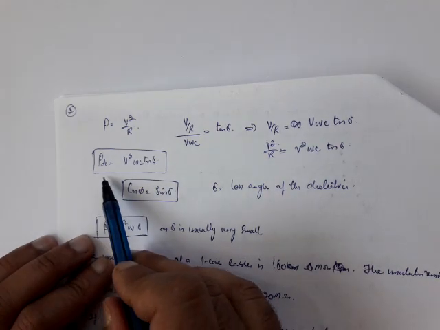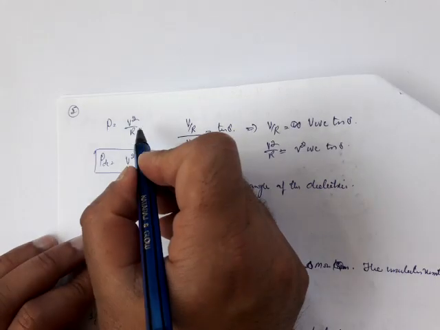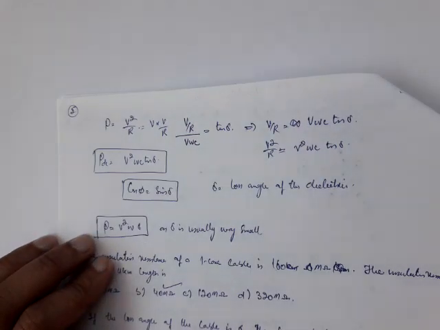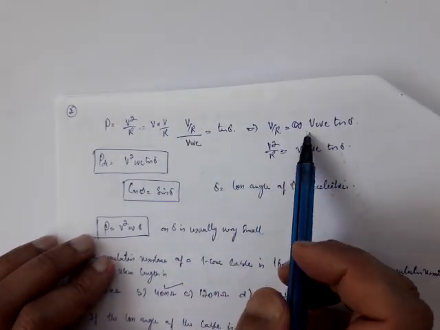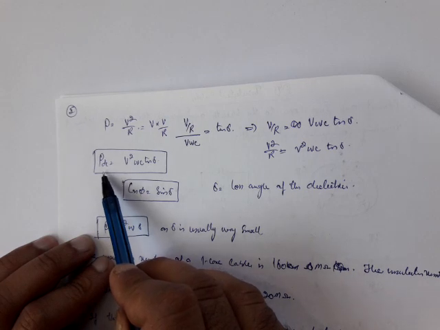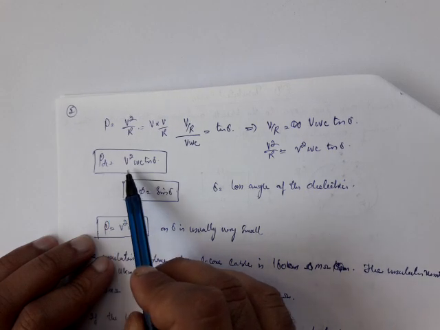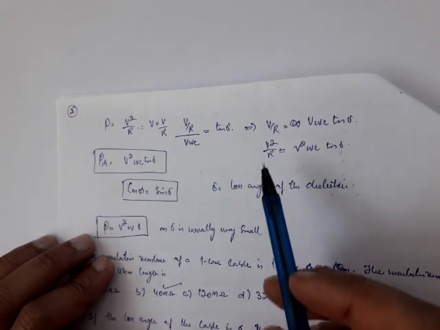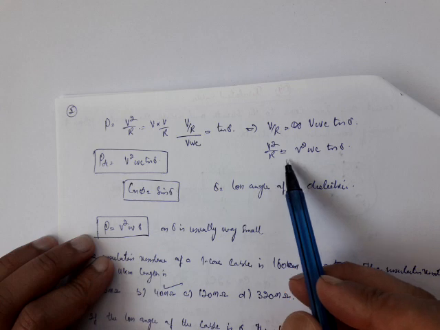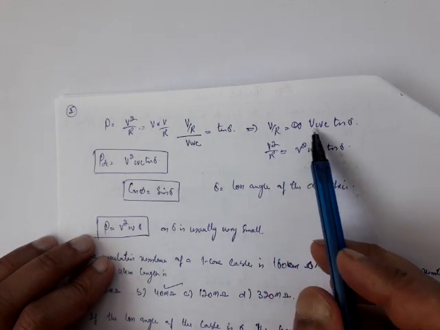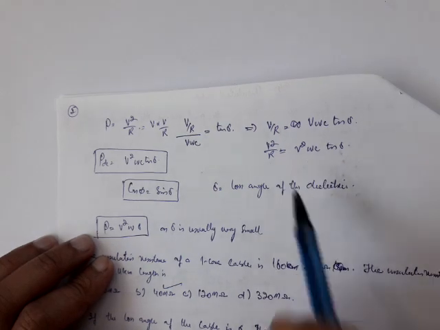Now P is equal to V into V by R. So when V by R is equal to V omega C tan delta, the dielectric loss will be equal to V square omega C into tan delta. Or directly you can write V square by R is equal to V square omega C tan delta. You can multiply simply by V here. So it will be like this.